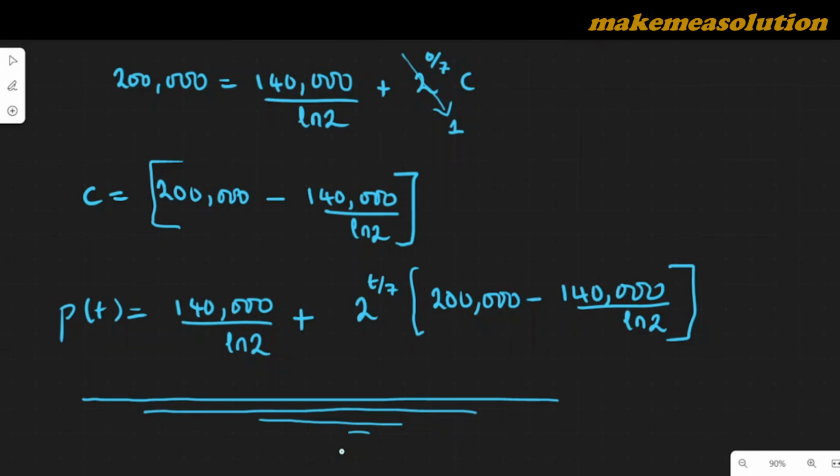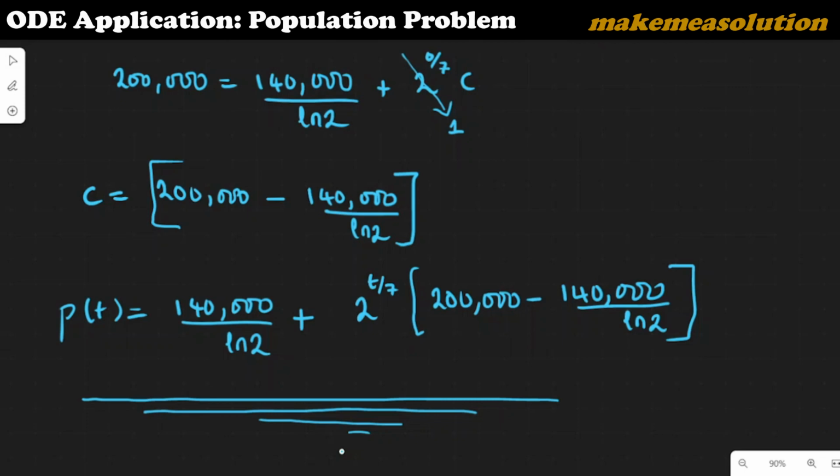But the ideal scenario of this system tells us that after every 7 days, at t equal to 7, 14, 21, 28, and so on, the final p will be 2 times the initial size.